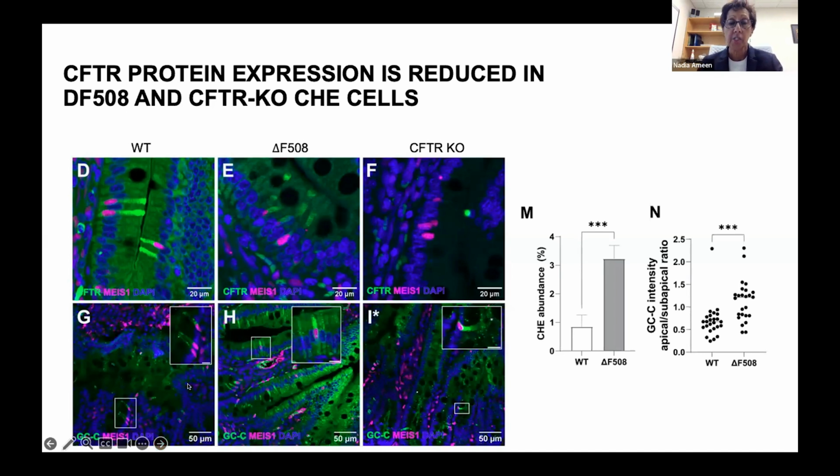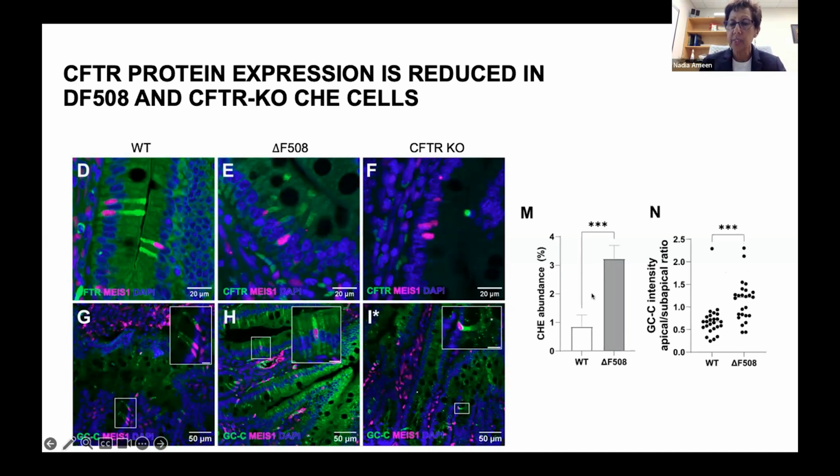And in terms of GCC, we looked at that also. The GCC is preserved, but it appears to be increased in the delta F508. You can see much higher levels of GCC in the Chi cell in the delta F508, and that is shown graphically here in terms of the fluorescence intensity.